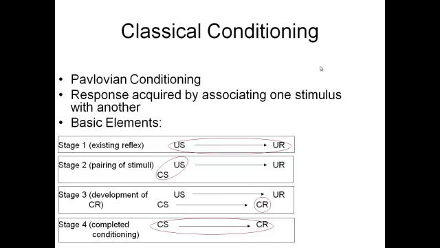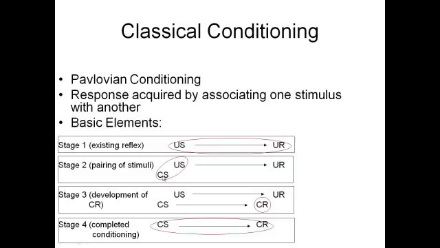So to break it down here, the normal response that a dog would have would be that the unconditioned stimulus would be food, and the unconditioned response would be salivation in response to food. This would be an existing reflex. So basically, with classical conditioning, we start with some natural physiological process that we have.